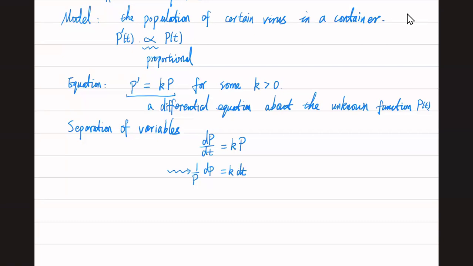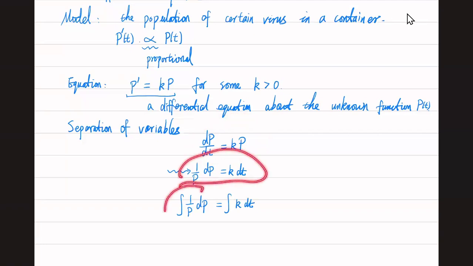So from derivative to differentials. Then we integrate both sides. Okay. Both sides we take the integral.